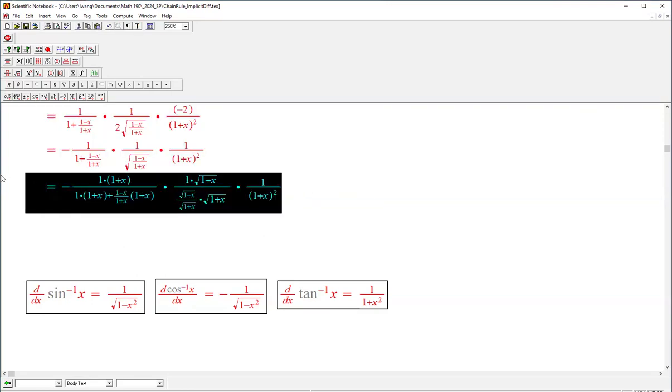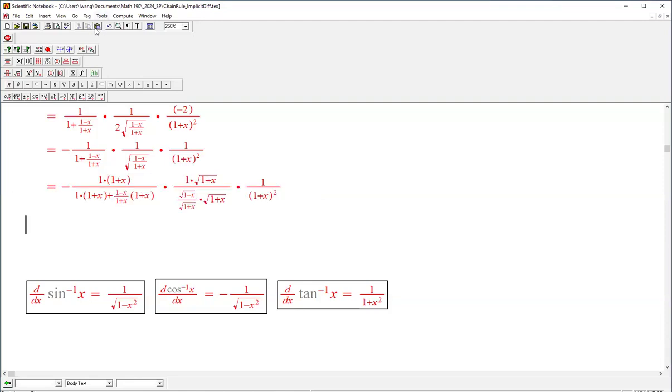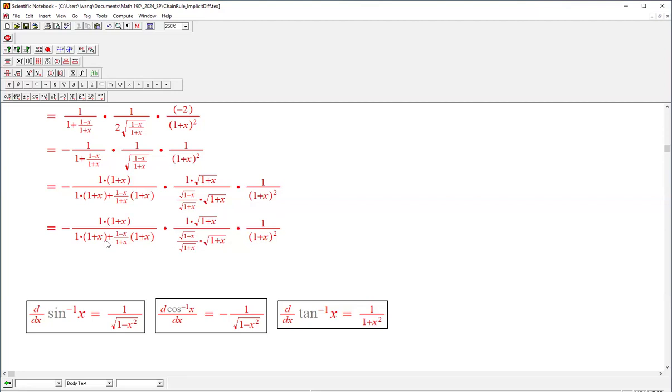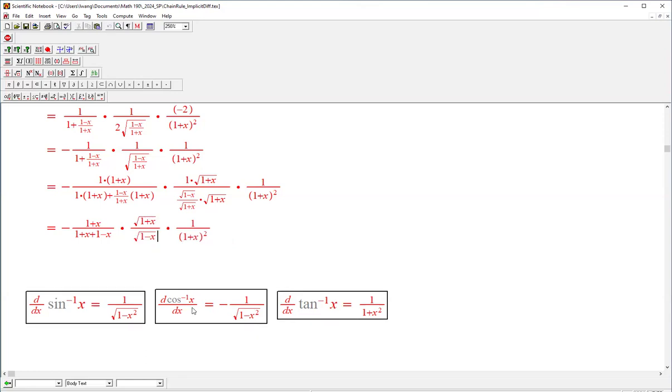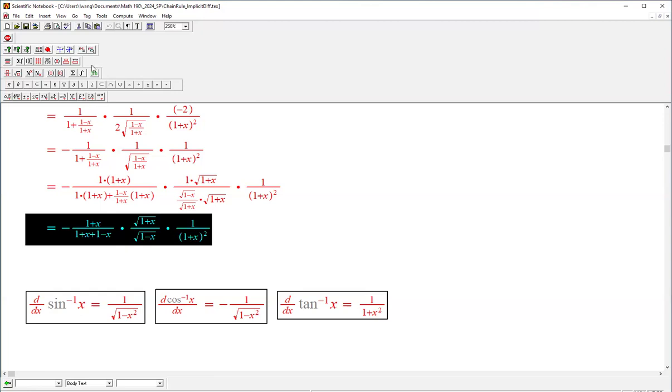Now, reduce it. Okay, so I'm going to copy and paste. And this is going to be just 1 plus x, right? Gone. And that piece is just 1 minus x left. Okay, and 1 multiply that, you can remove it. On this part, 1 times that, remove it. And these make 1. Okay, that's a little cleaner, right?